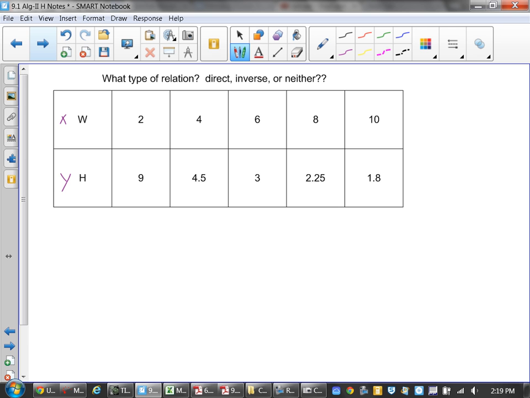And if you want to check to see whether or not something winds up being direct or inverse, all you do is write out the generic formula for both. So it's y. And what you're going to do is check a couple.